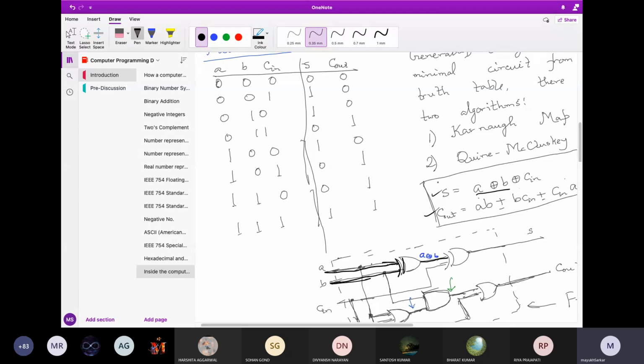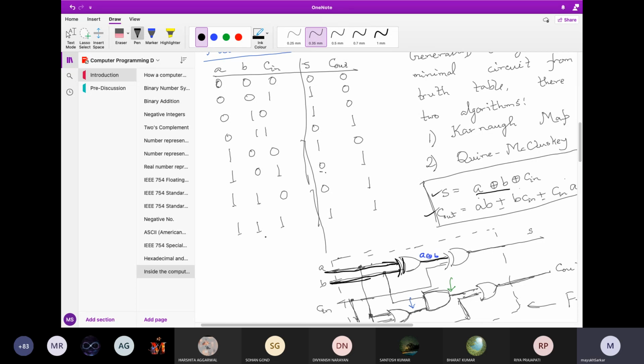That means this equation will solve this truth table. For example, if you take any A, B, and C, say it is 0, 0, 0. If you perform this operation, you'll get 0. Okay, let me consider any one of them. Say 1, 0, 1. A XOR B is 1, and if you XOR that with 1 further, it will give you 0. So S is 0.